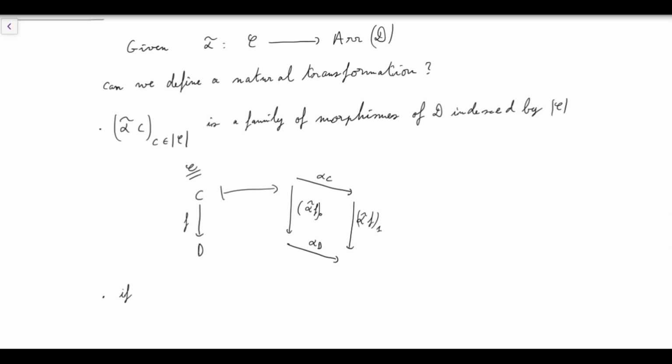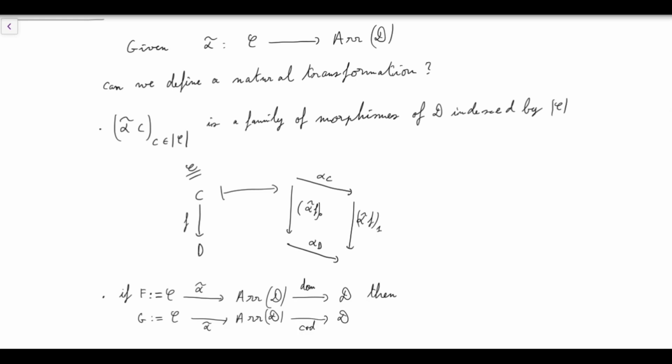Now, if we define the functor F to be alpha tilde followed by domain, and if we define G to be alpha tilde followed by codomain, which are both functors, they map each arrow of arrow D to the first component, etc. Then we have defined a natural transformation.